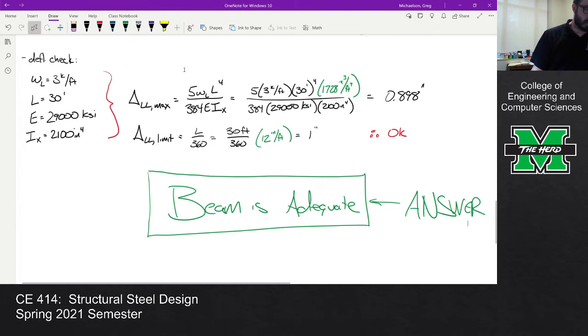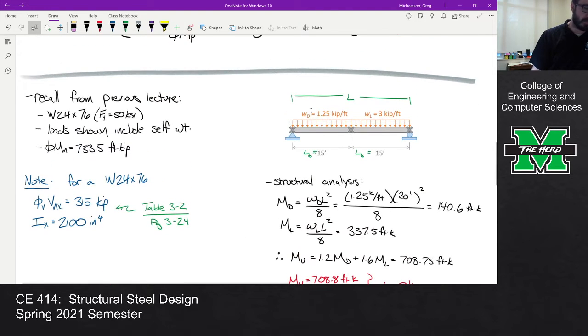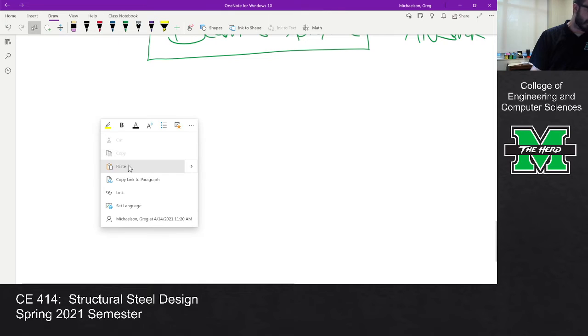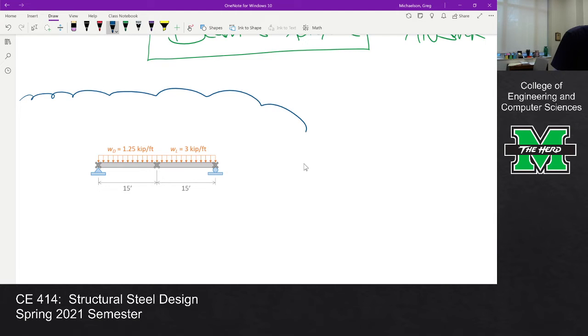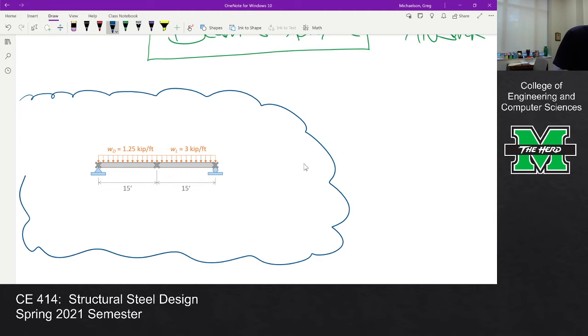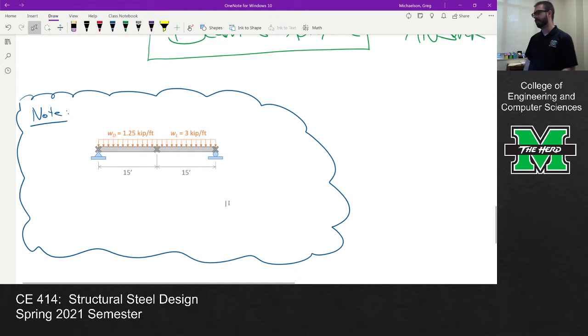Now, one thing I do want to point out, just as a thought bubble, something to think about. So here's our beam, right? And what does the bending moment diagram of this beam look like?